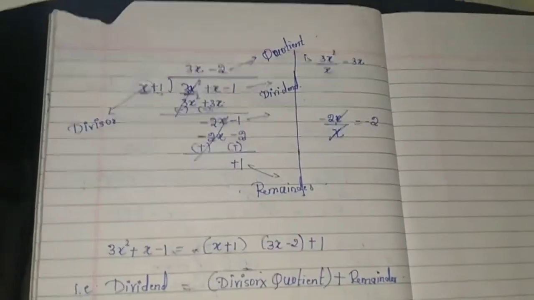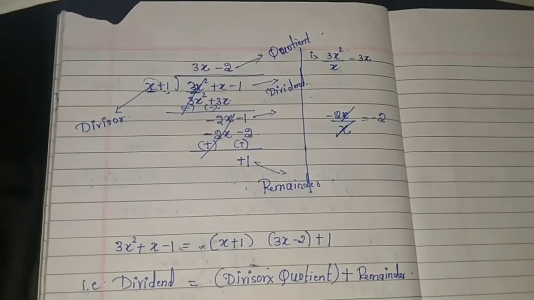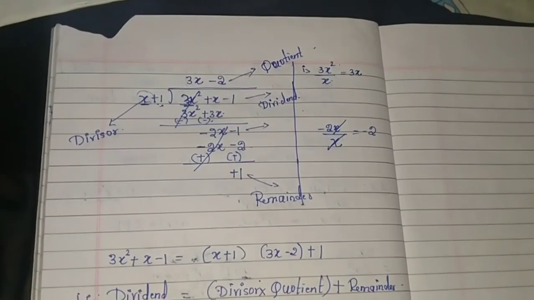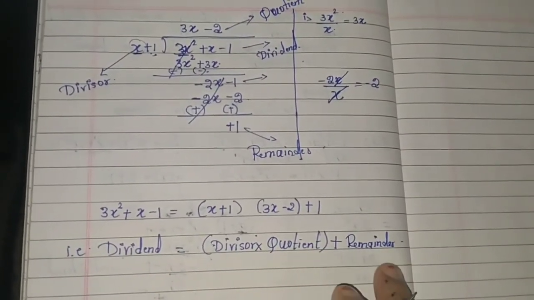So whenever you divide one polynomial by another, it satisfies this condition. That means dividend equals divisor into quotient plus remainder.